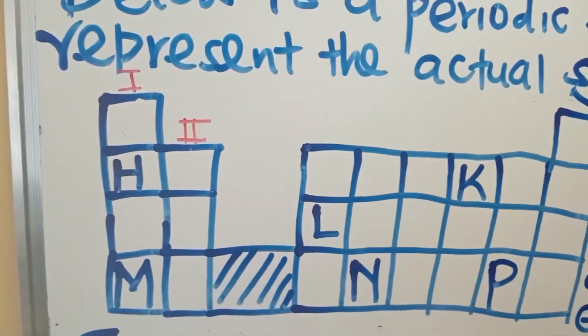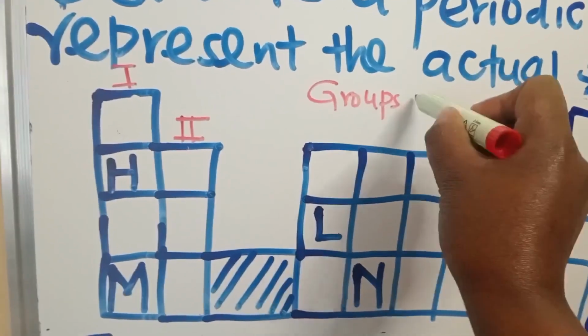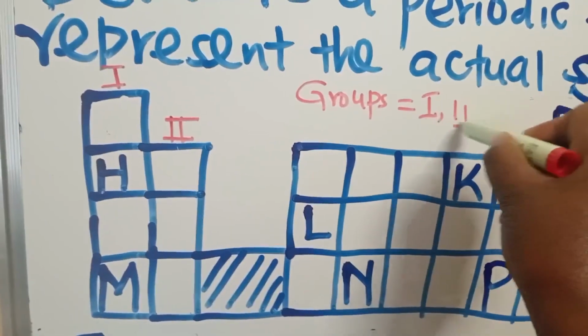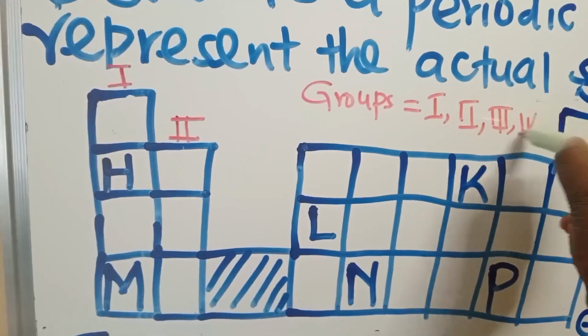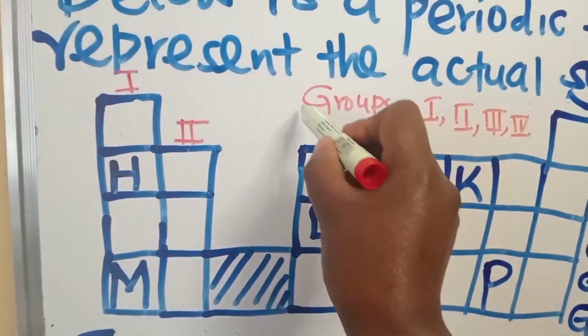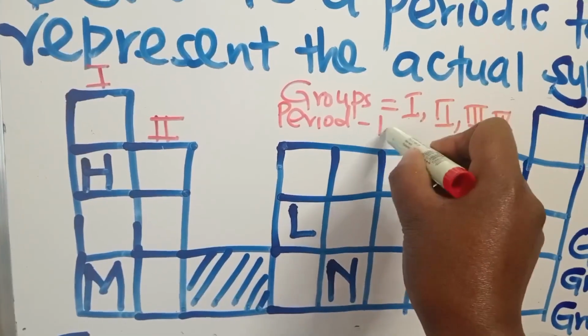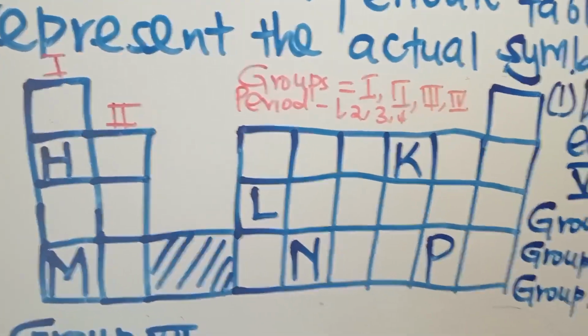And then remember, for the groups we use the Roman numbers like 1, 2, 3, 4, on and on up to number 8. For the periods, we can use the natural numbers 1, 2, 3, 4, like that.